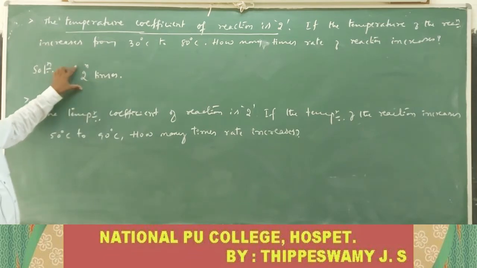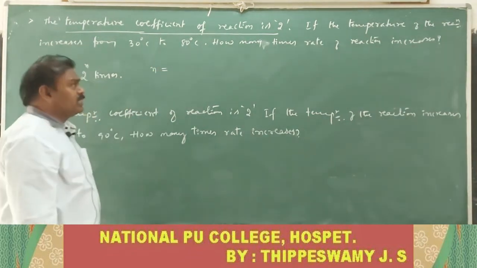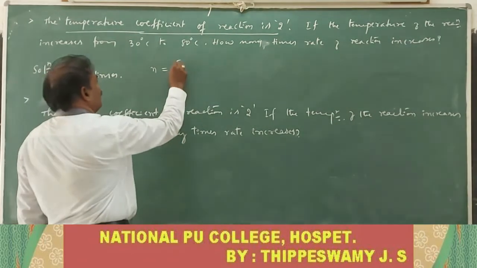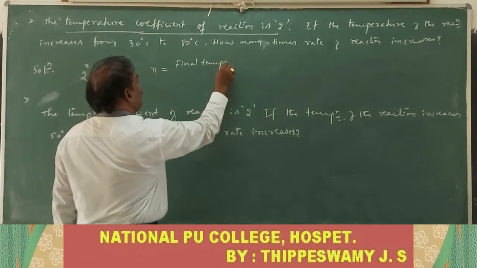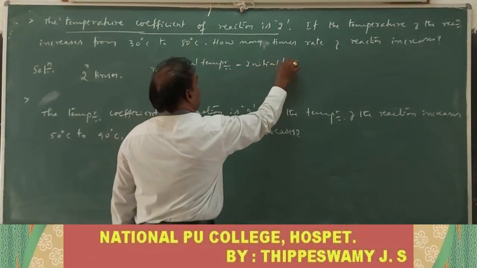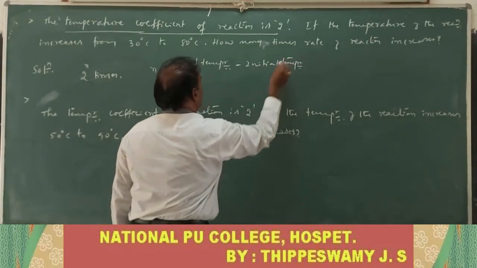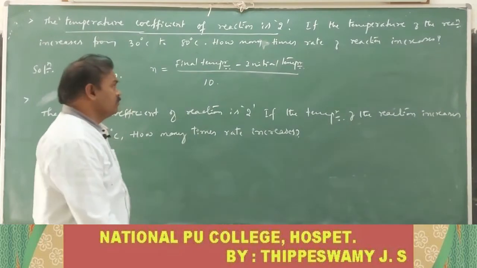Then what is n here? n is equal to the final temperature minus the initial temperature, whole divided by 10. What is the final temperature?